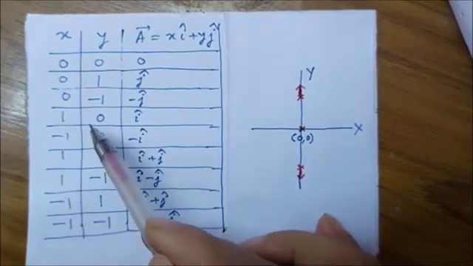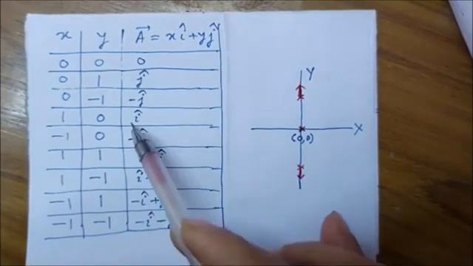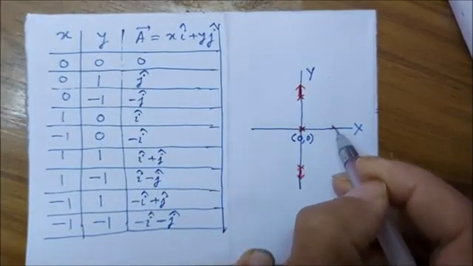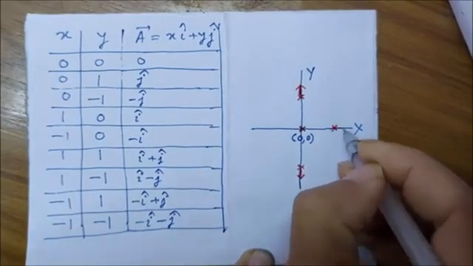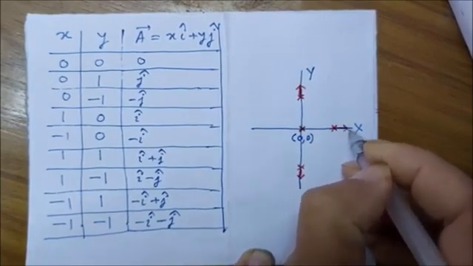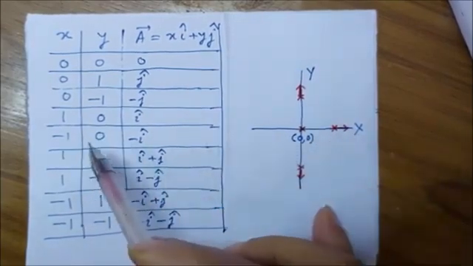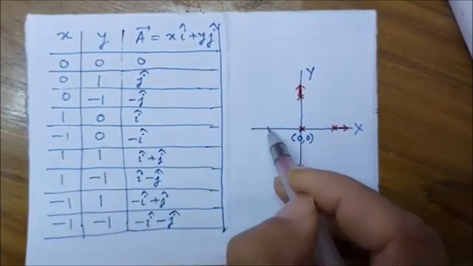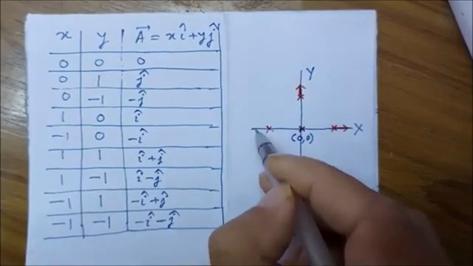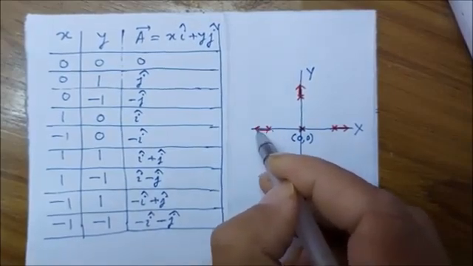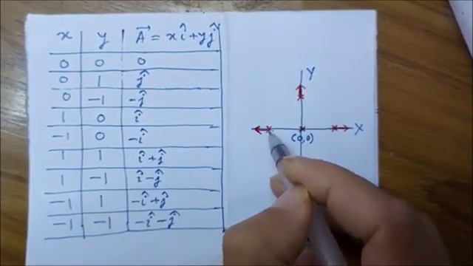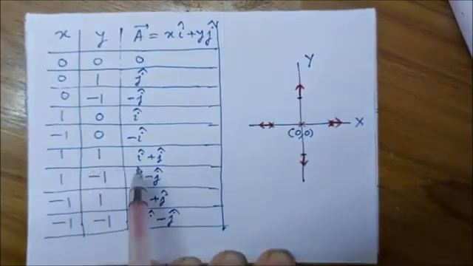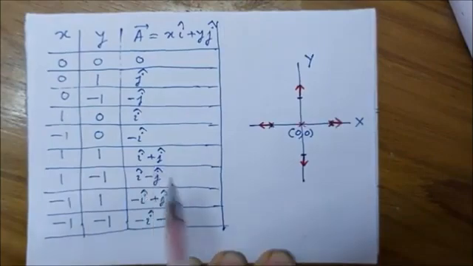At (1, 0), vector A is i hat. So x is 1, y is 0 is here, and the vector is along this direction. At (-1, 0), vector A is minus i hat. So (-1, 0) is here. So this is the direction of vector A. Next, at (1, 1), vector A is i cap plus j cap.